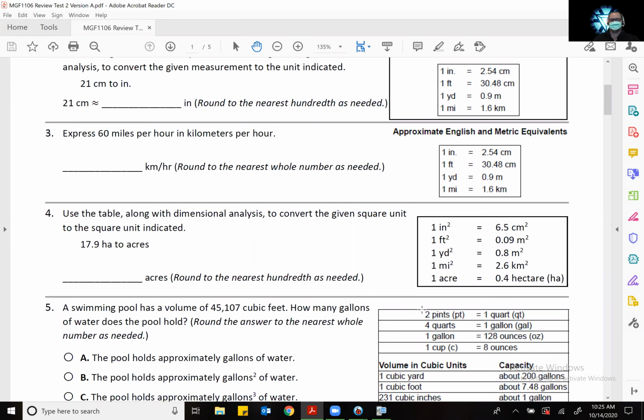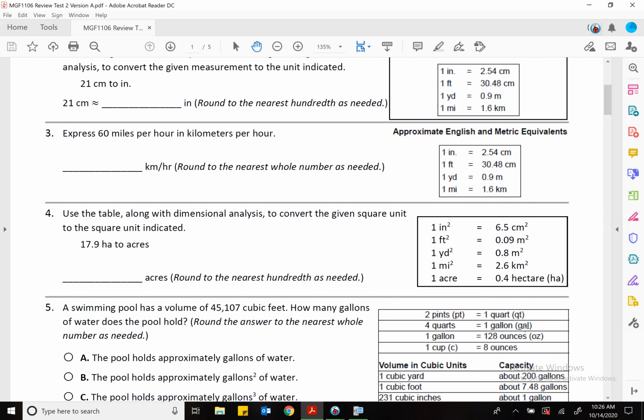The 1 acre is 0.4 hectare. You got it. 1 acre equals 0.4 ha or hectare.